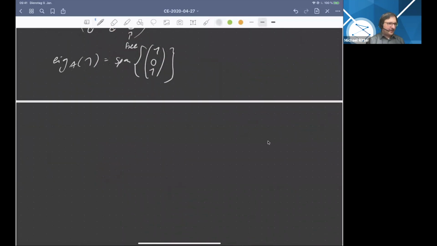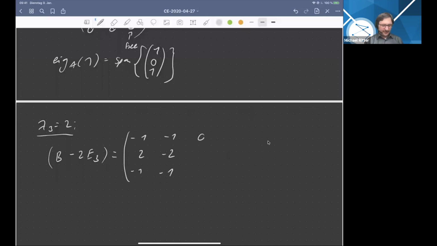And finally, the third one, lambda 3 equals 2. There we need to look at B minus 2 E3. So that's -1, 2, -1, -1, -2, -1, and 0, -2, 0. Again Gaussian elimination: we add 2 times the first row to the second, and we subtract it once from the third.